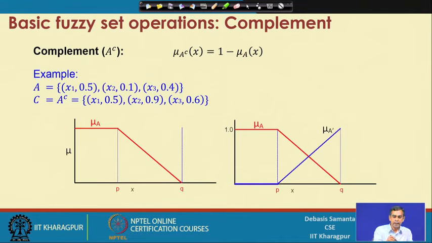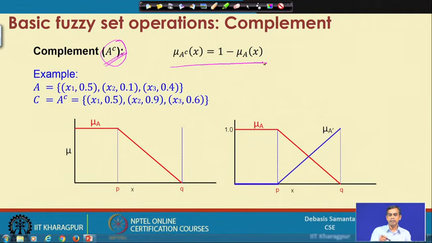The complement operation on any fuzzy set A is represented by the symbol A superscript C. It is basically the complement of the fuzzy set A, and the resultant membership function is defined by the expression mu A C of x, that is, 1 minus mu A of x, where mu A of x denotes the membership function for the fuzzy set A.